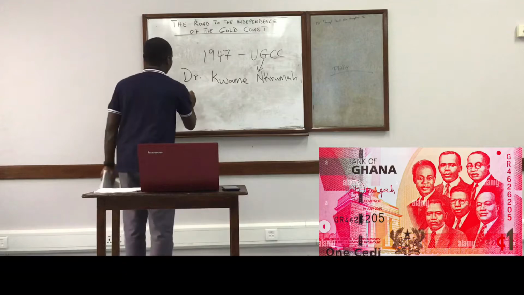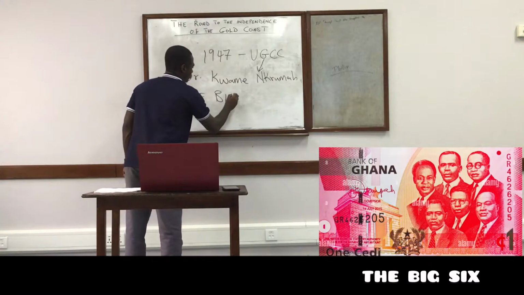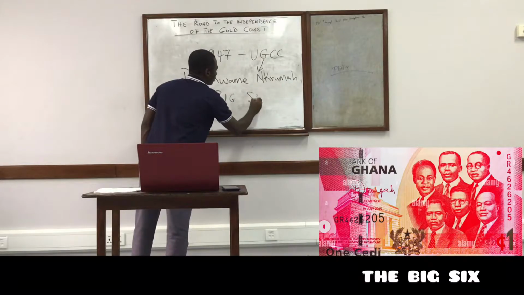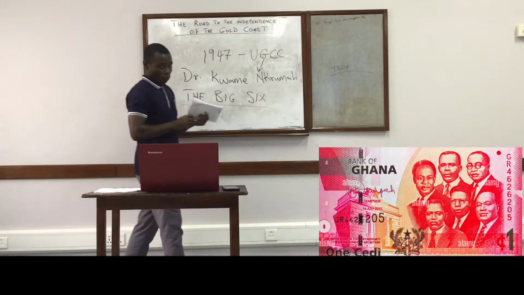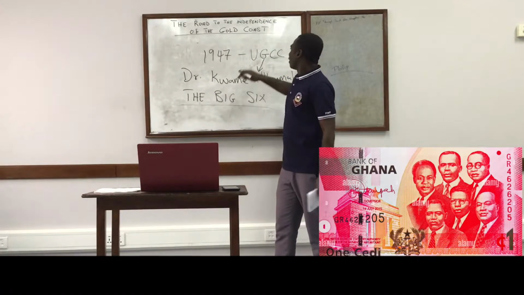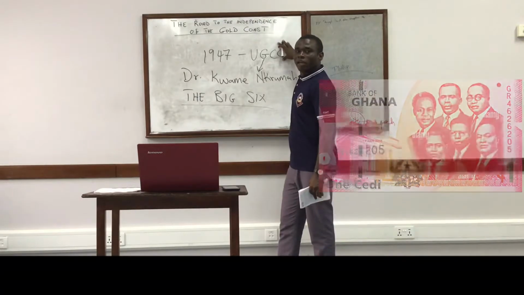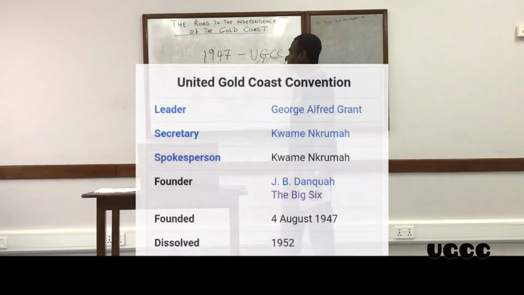We call them the Big Six. The Big Six were all in the United Gold Coast Convention, that's the UGCC.